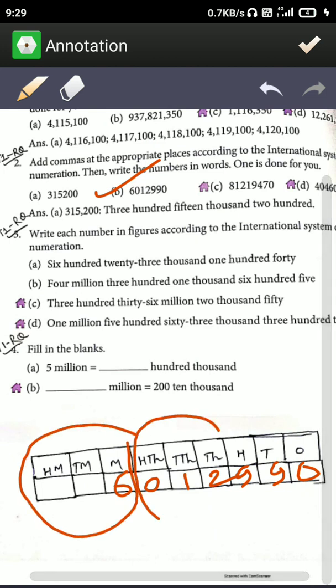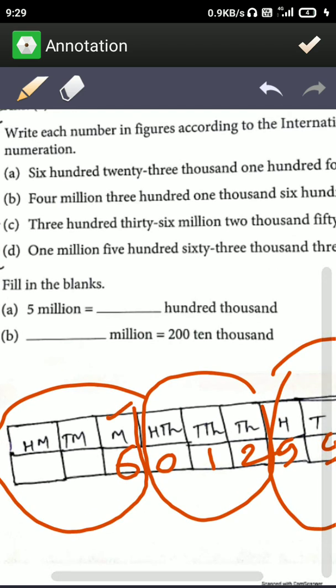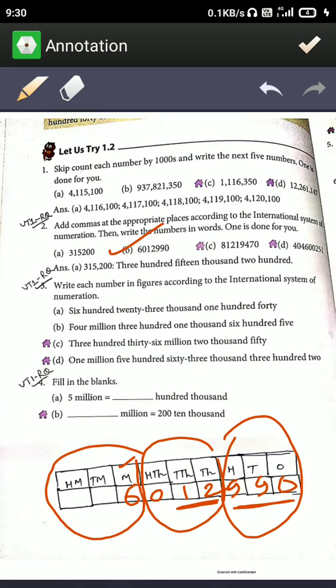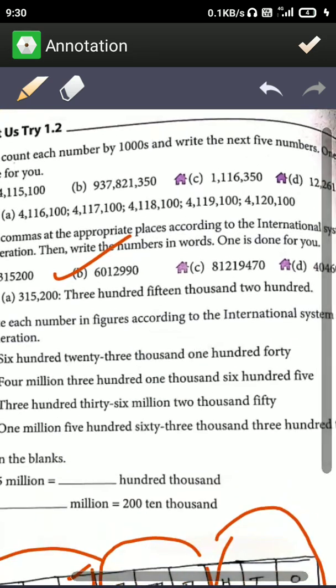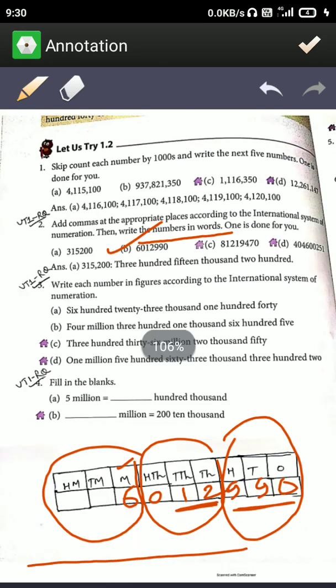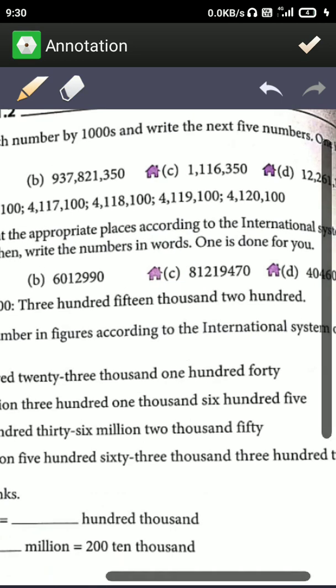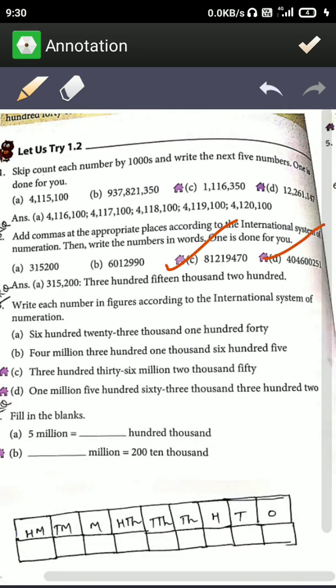It is 6 million, 12,990. And you have to write this in words also, because the question says write the numbers in words. I hope you can solve the next questions, C and D. If you have any problem, feel free to ask me any doubt.